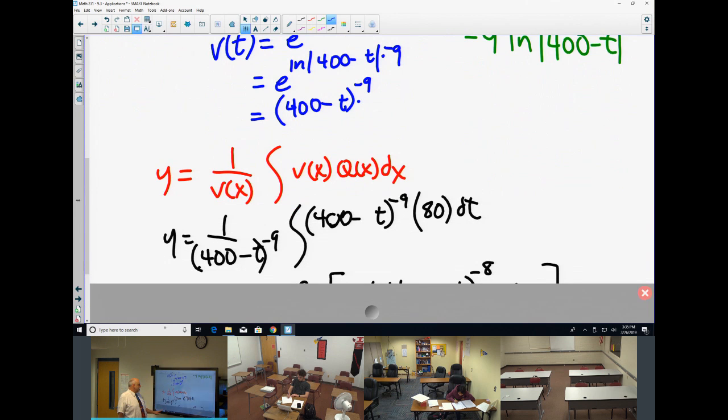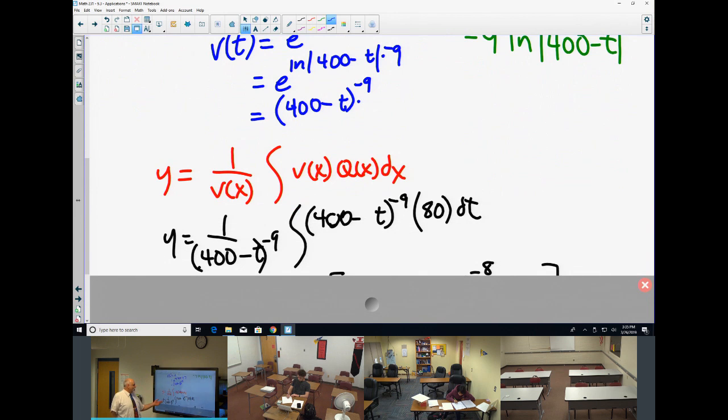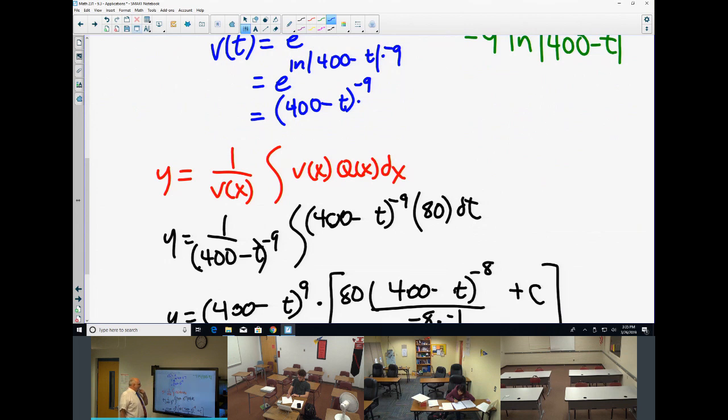So this gives us 1 over 400 minus t to the minus 9 times the integral of 400 minus t to the minus 9 times 80 dt. Okay, now using the elevator rule, I can bring this up and just make it 400 minus t to the 9th.